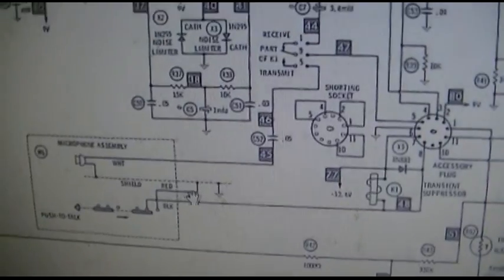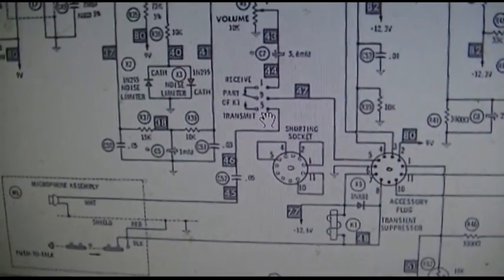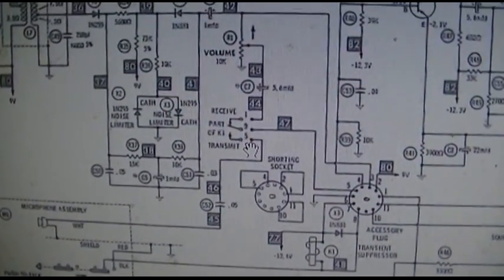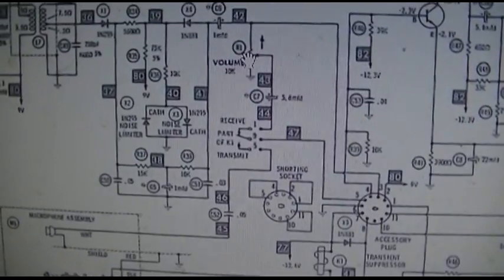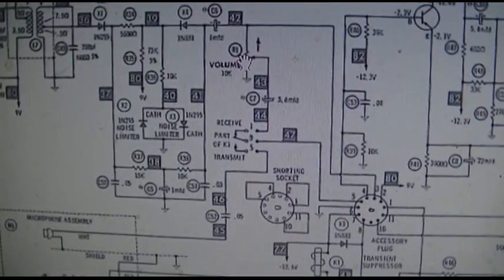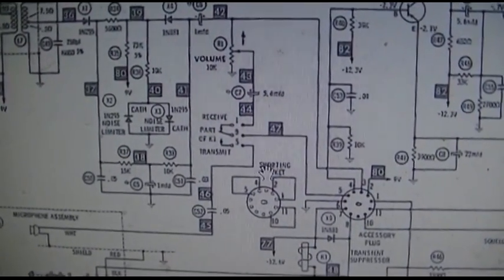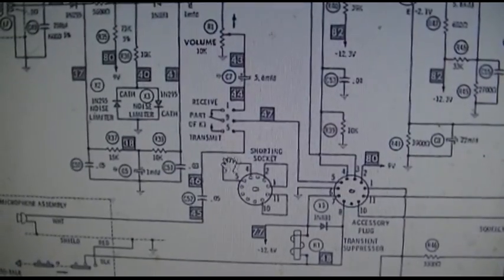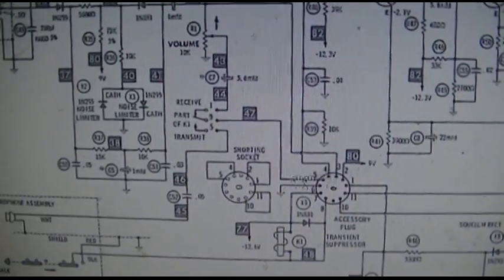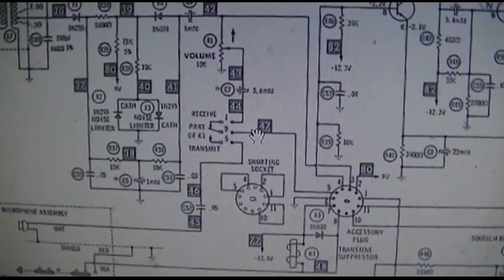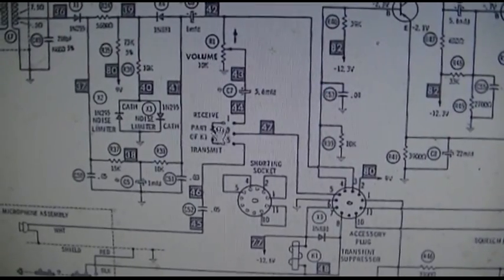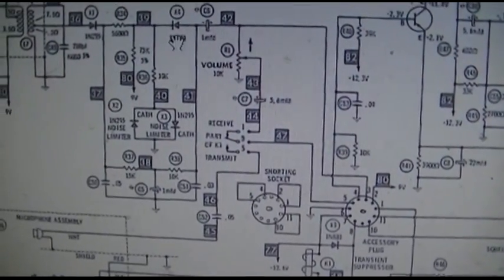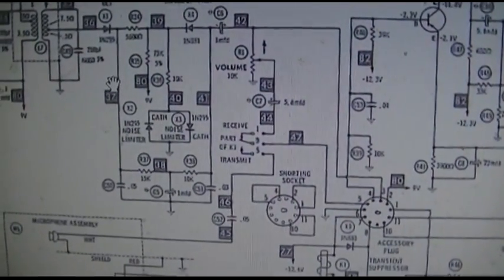So the mic comes up to the relay here. So here's the volume, and we know we have static when we turn the volume control. So when it's in transmit, the mic is connected to the audio amp, and when it's in receive, it's connected here through the volume control to the detector output.